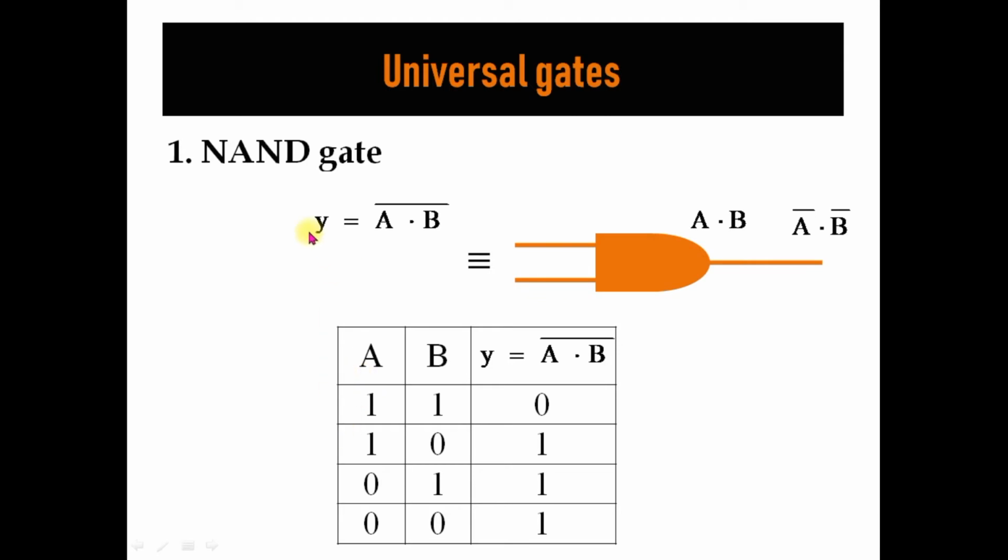First, let's see the NAND gate. The NAND gate is the NOT of AND gate. The expression is Y is equal to (A dot B) bar. So now this is the circuit symbol, and when we split this, it looks like this: AND with NOT.